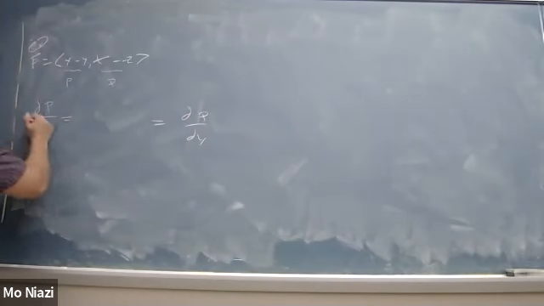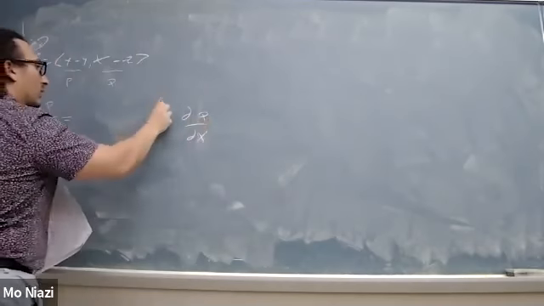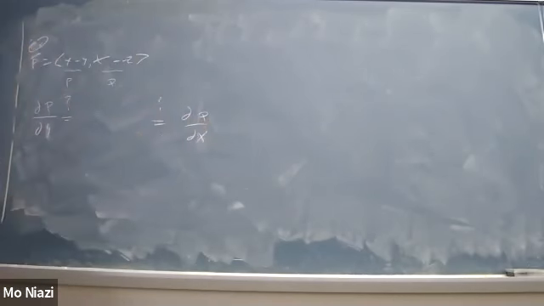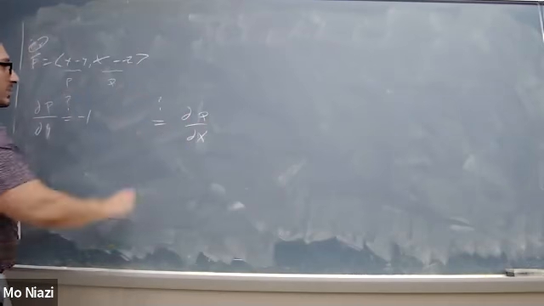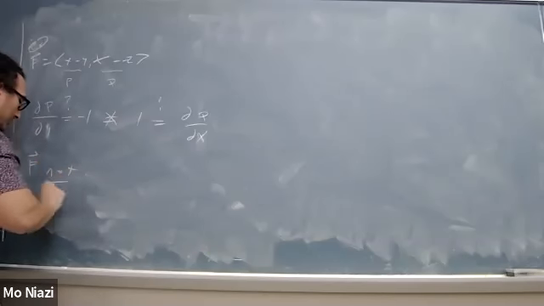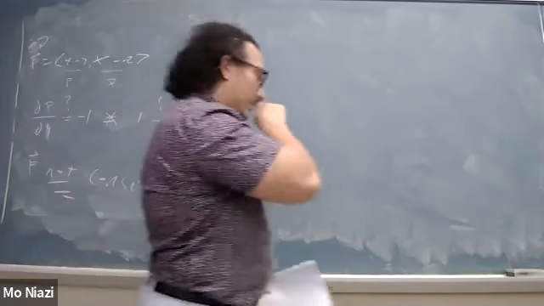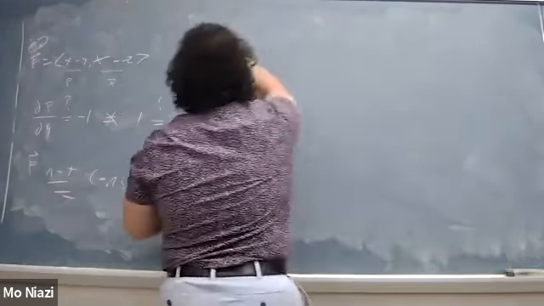Oh, I switched these. This should say Y, and this should say X. Do they equal? Well, partial P, partial Y is -1. Partial Q, partial X is +1. They don't equal. F is not conservative. Let's try a different one.